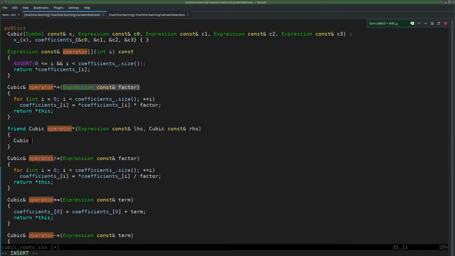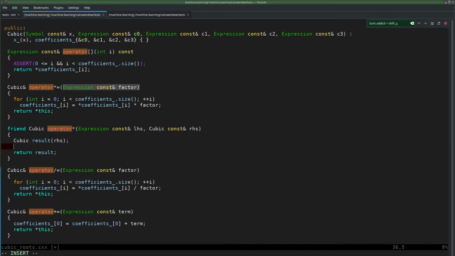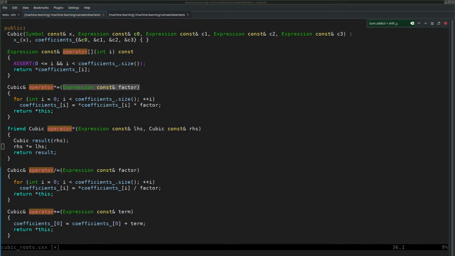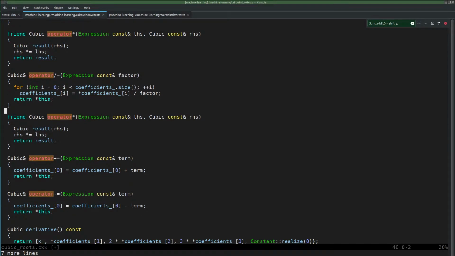So the cubic result, return result. And I just make a copy of the right hand side then. And then we do right hand side multiply with the left hand side. Can do the same for divide.